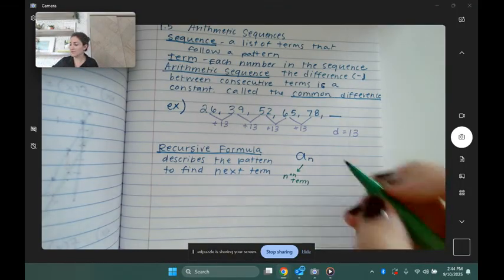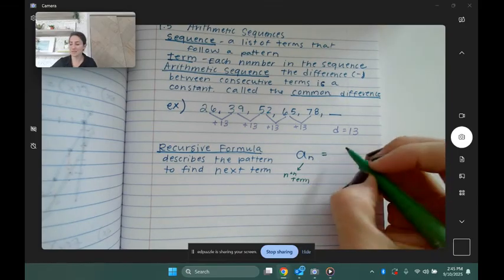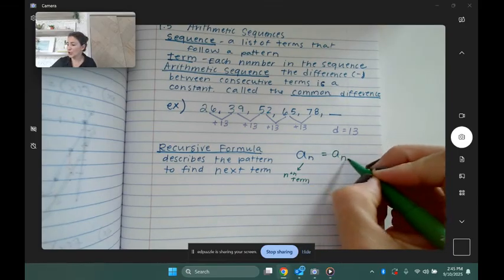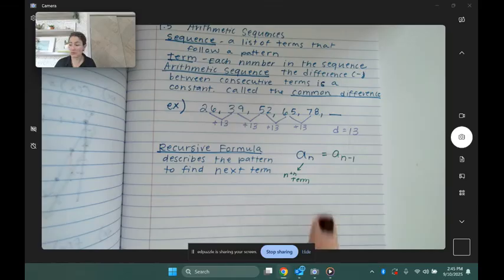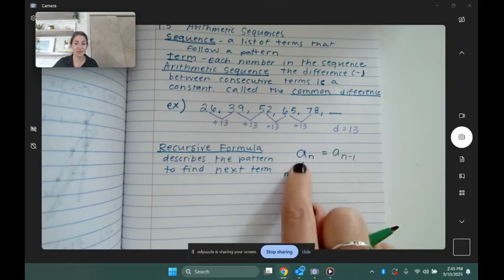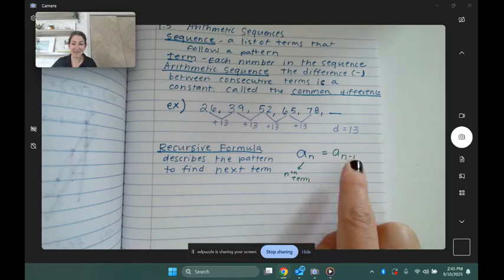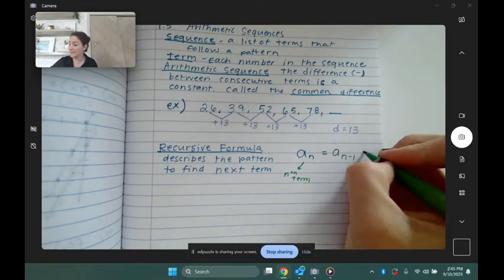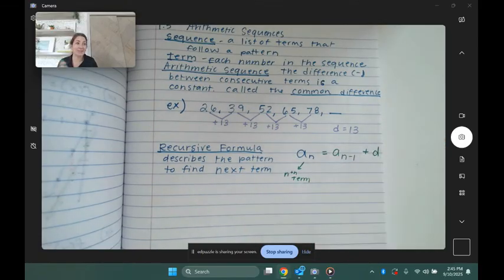So the nth term is the term before it plus the difference. So if this was a sub 5, 5 minus 1 is 4. So this just says any term is the term before it plus the difference.